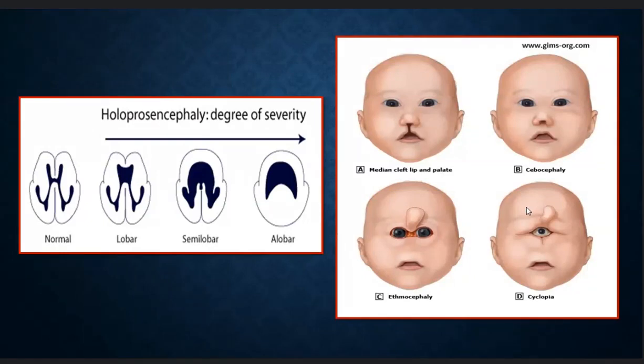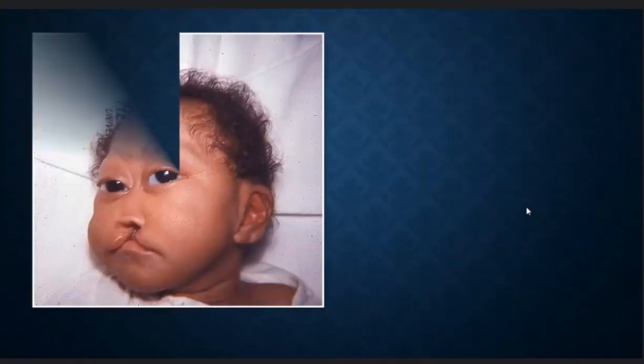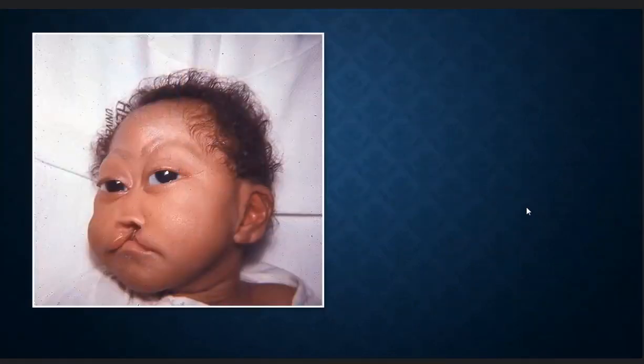And in our hospital, we see more than one case per year with Ethmocephaly or Cyclopia. And they are stillborn, as I said. So now I ask you, what is the name of this degree of this patient with Patau syndrome?